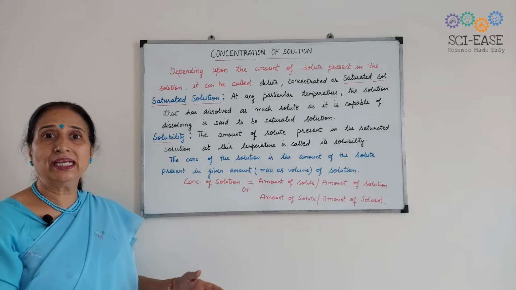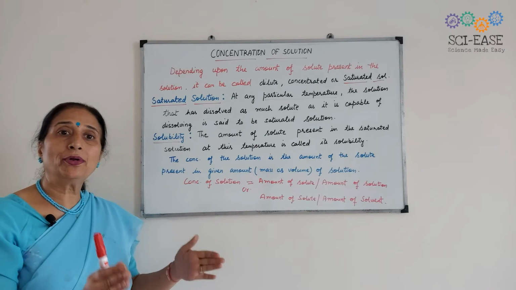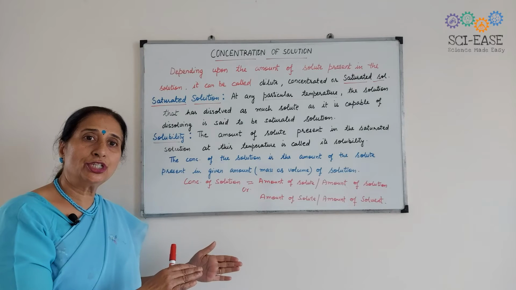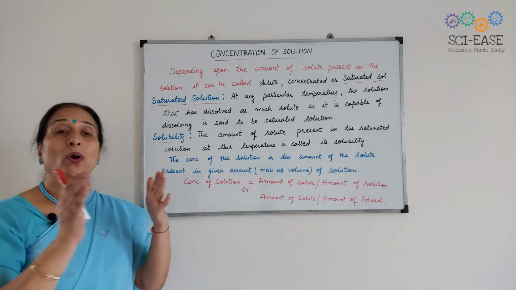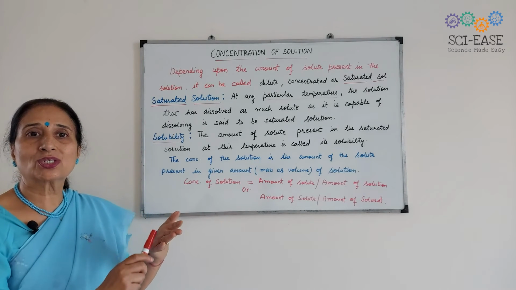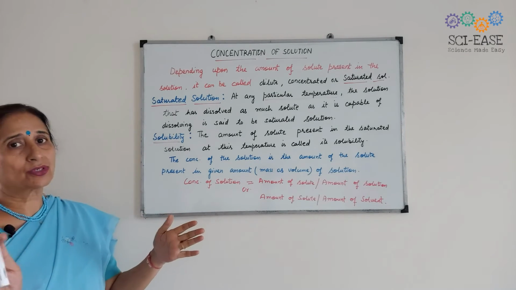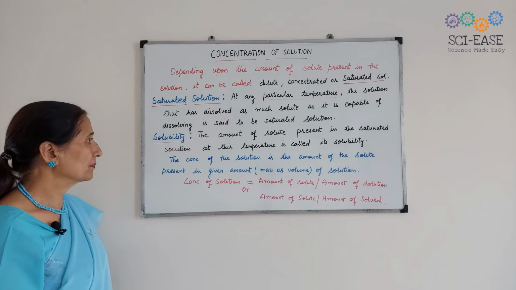So here these things should be clear to all of you: what do you mean by saturated solution, what do you mean by unsaturated solution, what is solubility, what is solute, what is solvent, and so on.